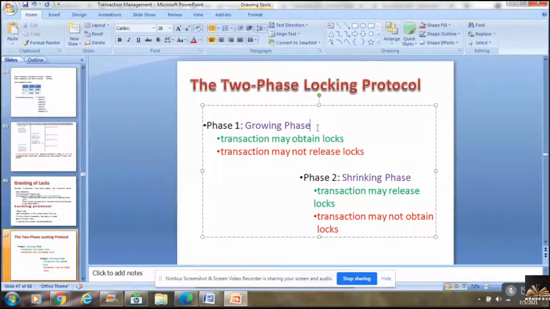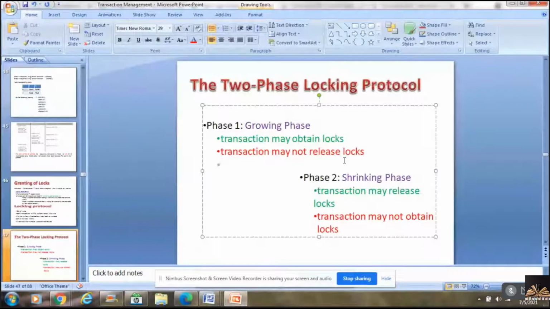And in this case, you cannot release any lock until you reach the lock point. By the way, the lock point is a point wherein a transaction has acquired as many locks as required for its execution.